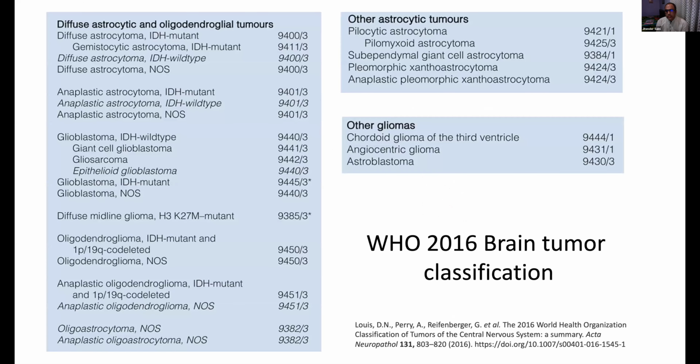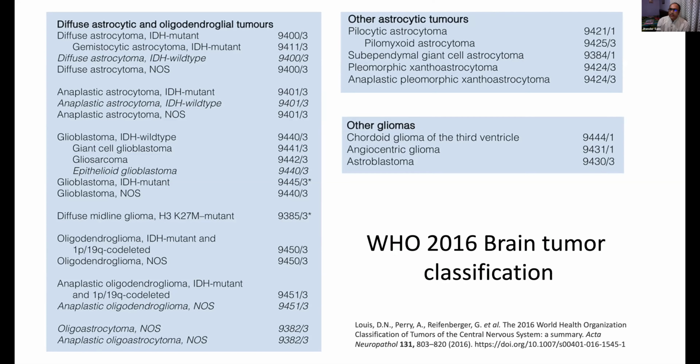But look at the 2016 brain tumor classification, showing the part that deals with astrocytic and oligodendroglial tumors. A huge number of entities have emerged, and tumors are named based on their molecular characteristics, like diffuse astrocytoma IDH mutant and diffuse astrocytoma IDH wild type, and NOS, which stands for not otherwise specified, because in some situations the mutation status cannot be determined.